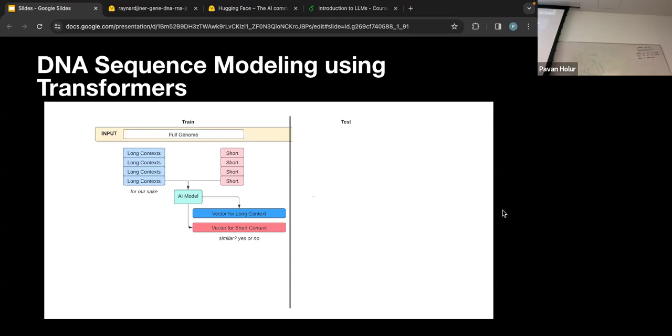Now what we do is we pass these long contexts into an encoder model. Every long context gets a vector. Along with the long context, here comes the trick.